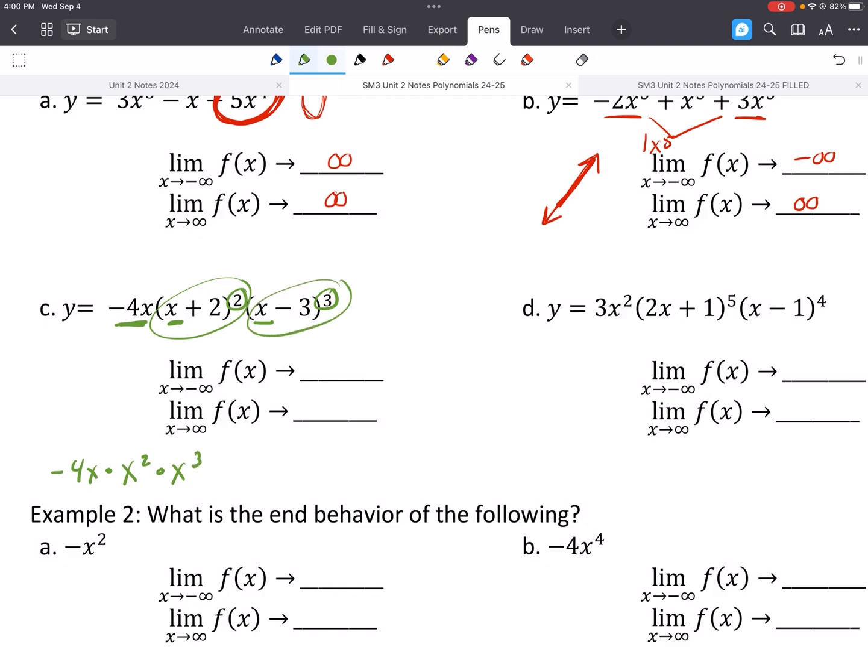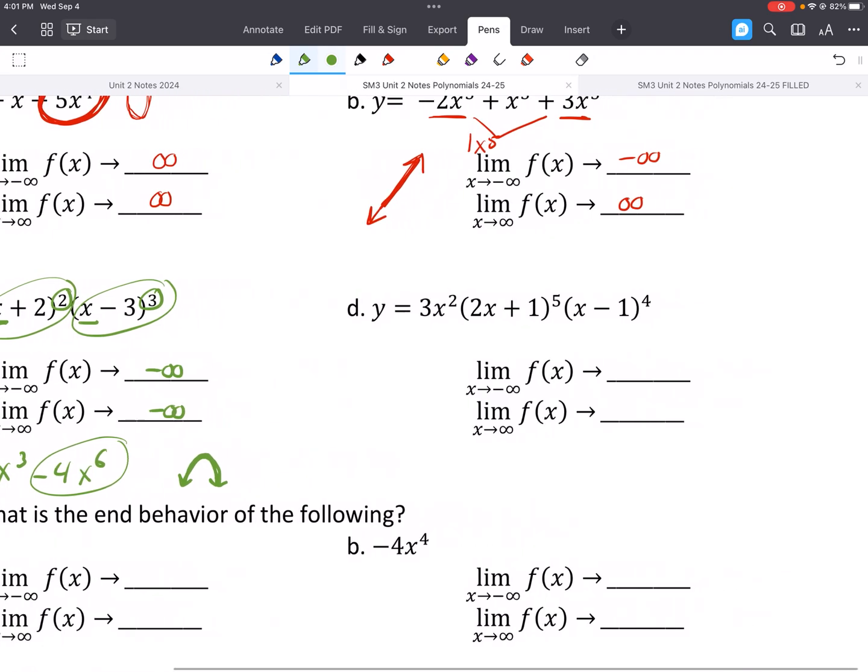So I think that's just negative 4x to the sixth would be our leading term. So it's even, so again that's like a quadratic, and a is negative, the leading term is negative, so it's going to open down. So we're going to have negative infinity as the direction in the y direction.